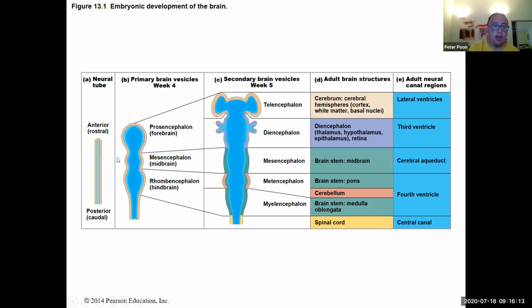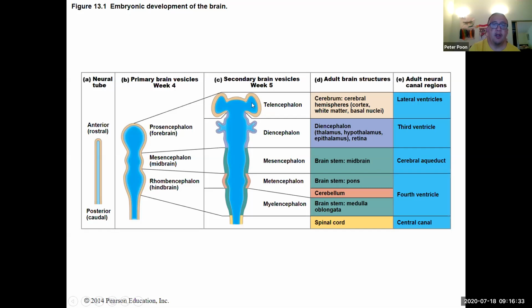At this one end, your brain starts to swell, and it forms three little bumps: the prosencephalon, mesencephalon, and rhombencephalon, meaning forebrain, midbrain, and hindbrain.